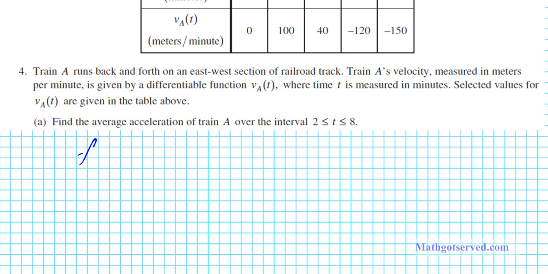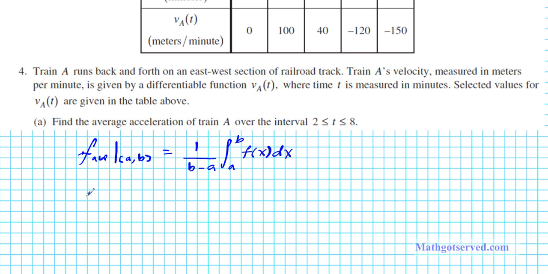The average value of a function, f average, on an interval [a, b] is given by 1 over b minus a times the integral from a to b of f(x) dx. This is the average value of a function, just like this question is asking for the average value of the acceleration.